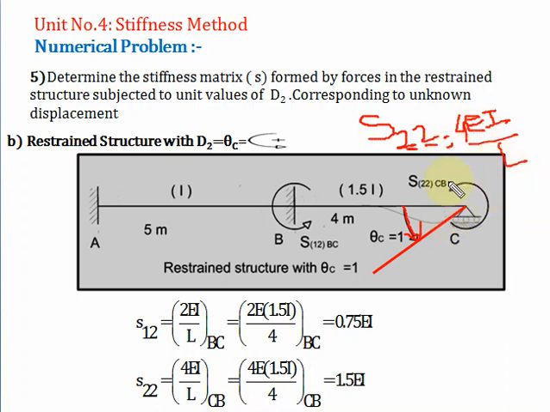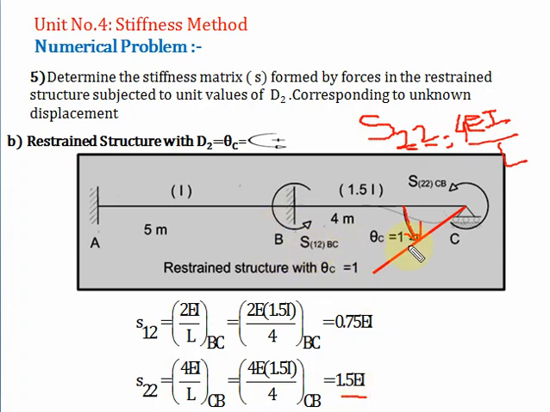Where the unit rotation is applied at that point, the moment induced will be 4 EI upon L, and at the far end it will be 2 EI upon L. Remember this. So here 4E into 1.5, that is the moment of inertia, and the length of member BC is 4, so the value is 1.5.